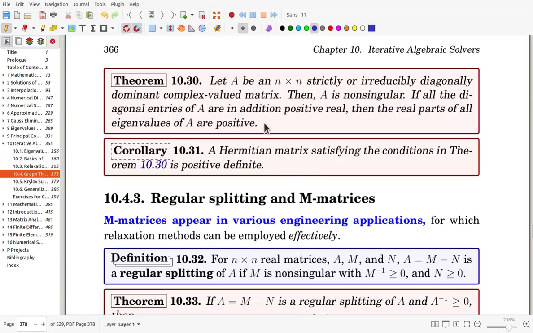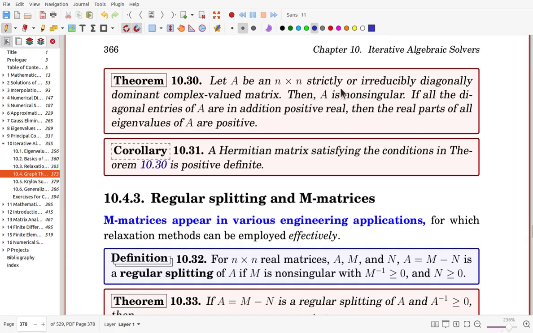Okay. If a square matrix is strictly diagonally dominant, it means that for every row, the inequality is a strict inequality. So for every row, the main diagonal entry is strictly larger than the summation of the other entries. So then we say strictly diagonally dominant.